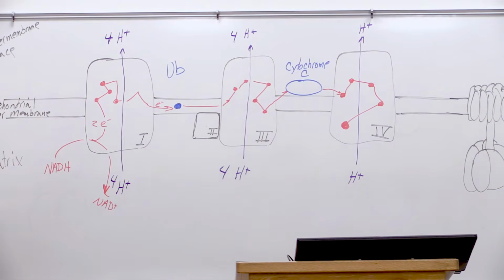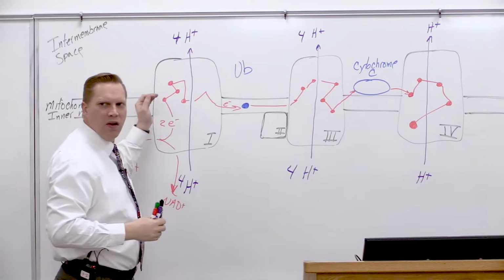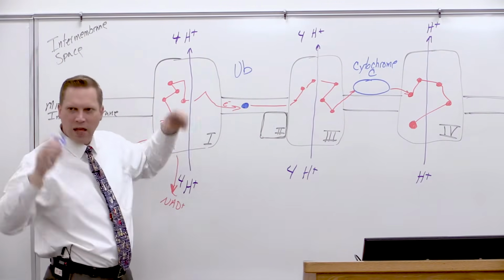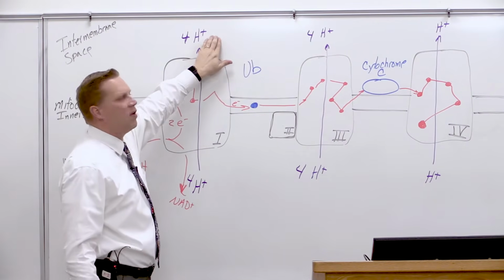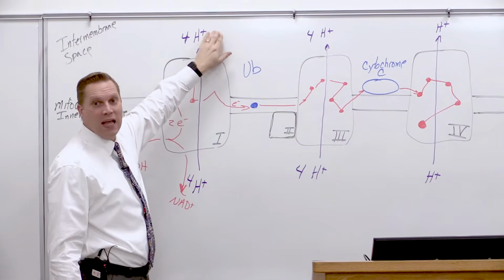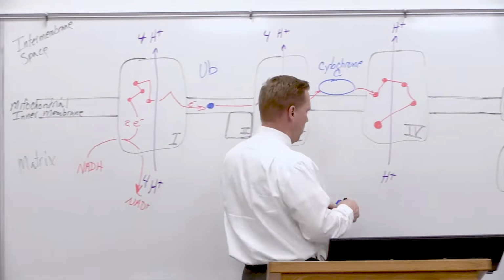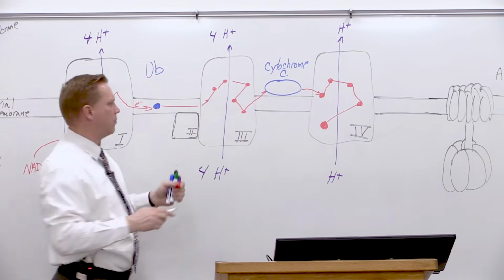And now that the electrons have been moving through, so this is the electricity part, as the electrons are moving through the different complexes, they're providing electricity, quote unquote, and that's what's powering these pumps to move these protons against their concentration gradient. And so now what happens when we hit complex 4?